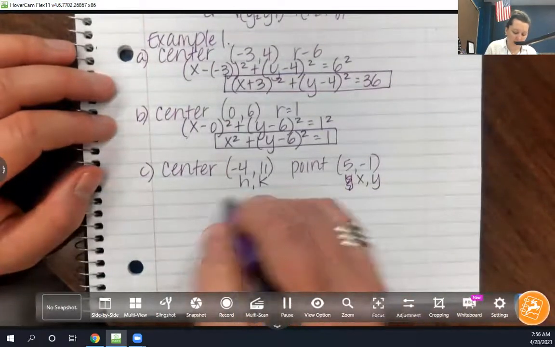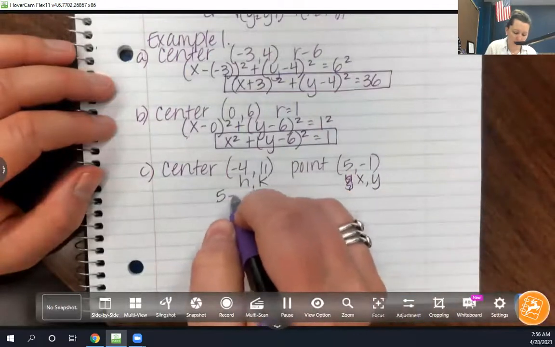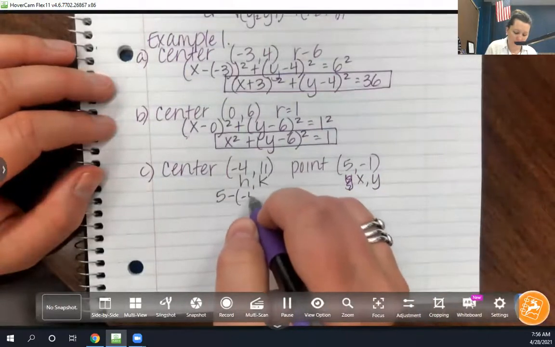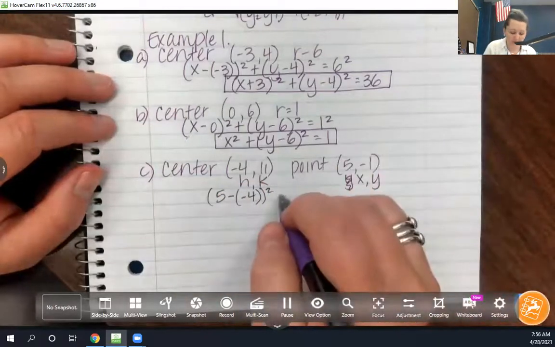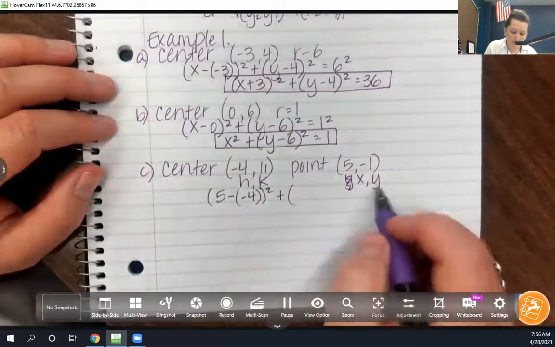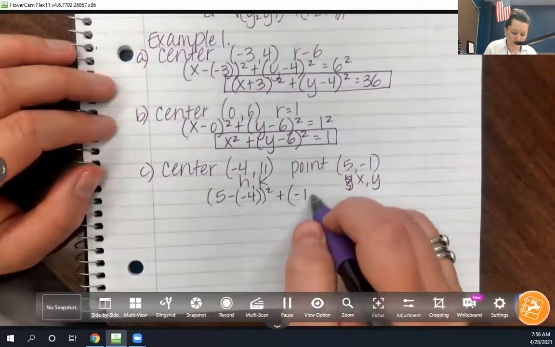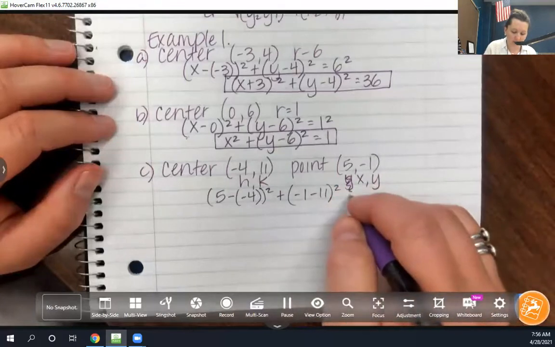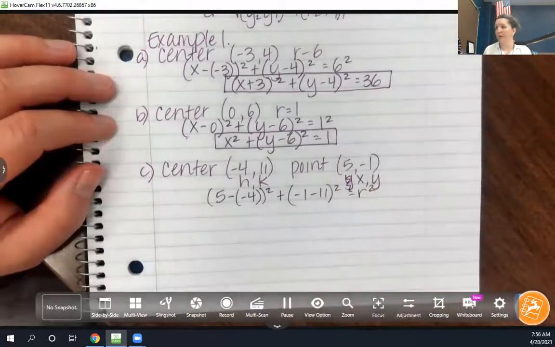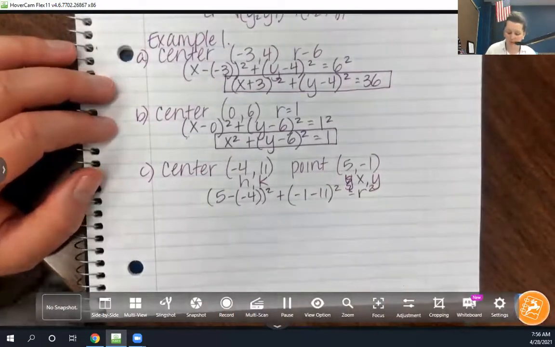I have x, 5, minus h, which is -4, squared, plus y, -1, minus k, 11, squared equals radius squared. I don't know my radius, so that's what we're going to be solving for here.